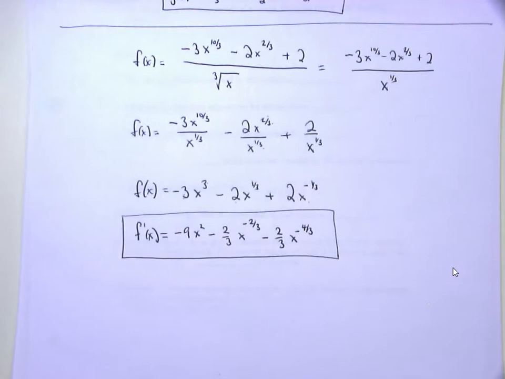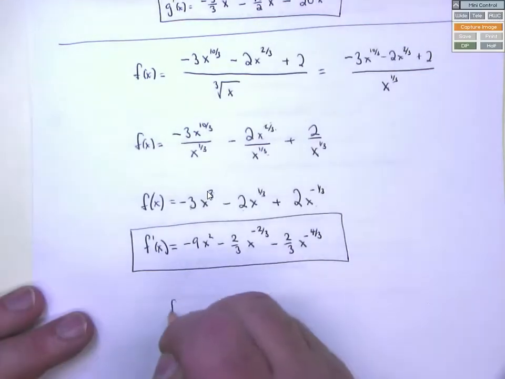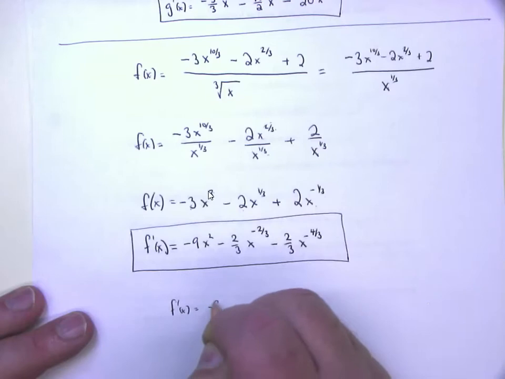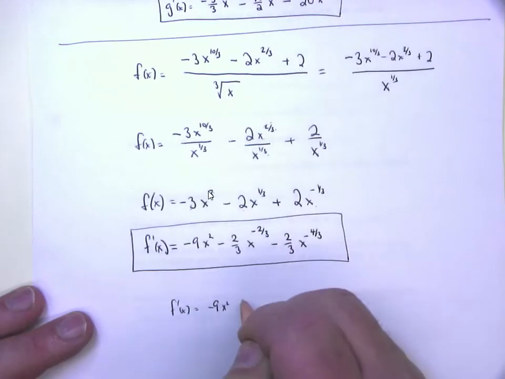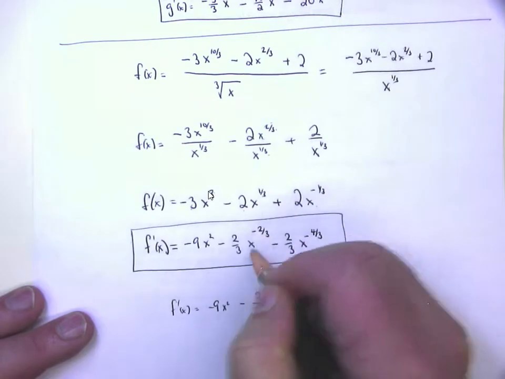The student, I can tell you when she sent me an email, her problem was she was trying to clean up the answer. And yeah, you can clean up this answer, but she was making some careless errors in that. In cleaning up this answer, she was trying to write f prime of x is equal to negative 9x squared minus 2 over 3, because this is a negative exponent goes on the bottom.